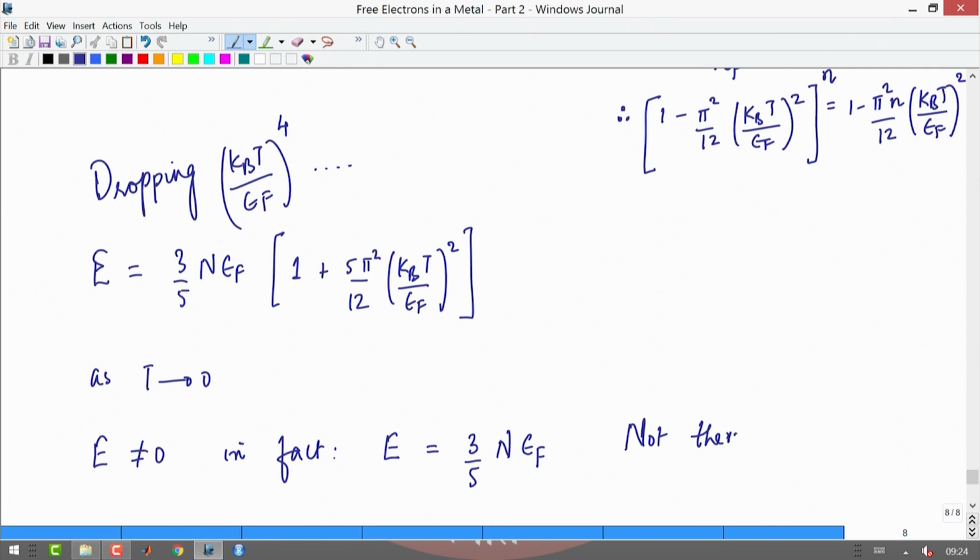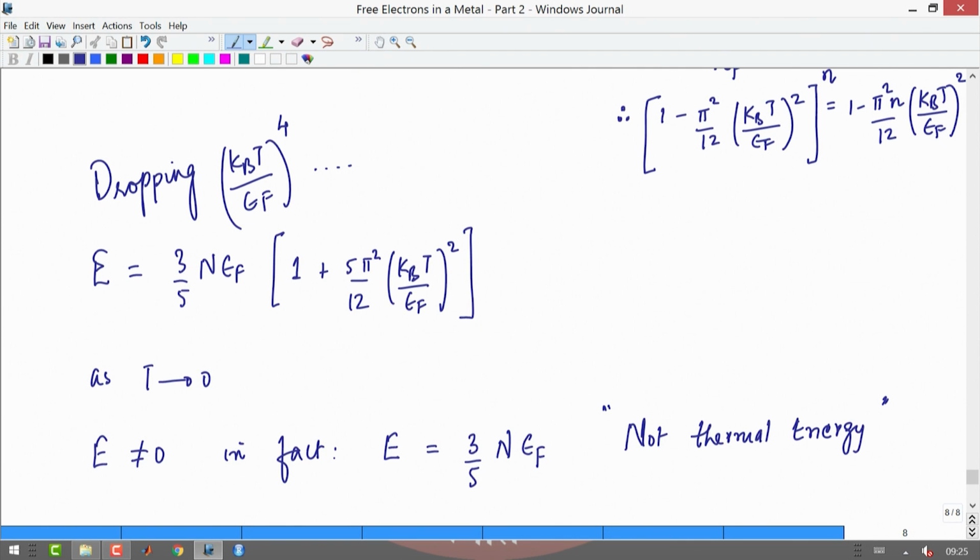this energy is not thermal in the sense that at T equal to 0, if I touch a metal which has these electrons having a total internal energy of 3 by 5 n times EF, and EF is of the order of 1 electron volt, it is a very high amount of energy, I still feel as cold as hell, because there is absolutely no room for electrons to conduct.